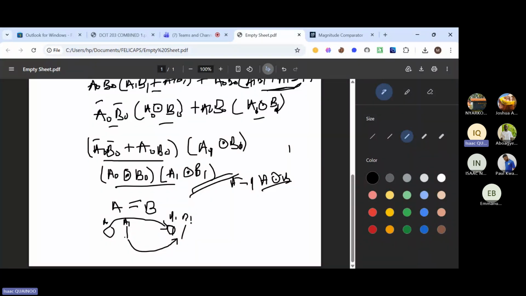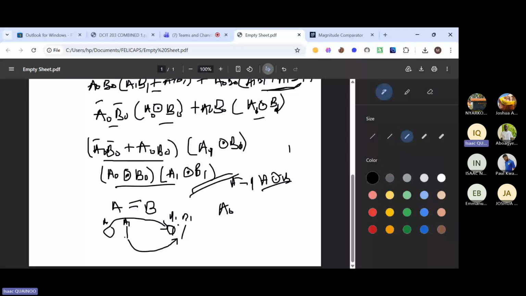So what you are doing here is comparing A0, the first bit of the first binary number, to B0, the first bit of the second binary number. And which operator do we use for our comparison? XNOR. So you compare A0 to B0 using your XNOR operator.